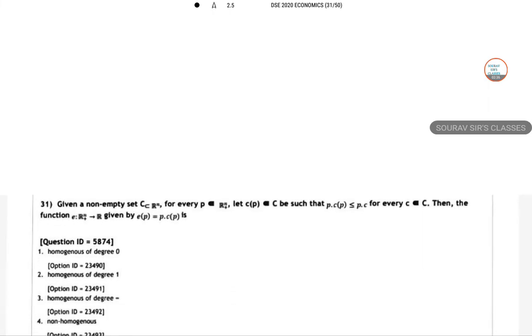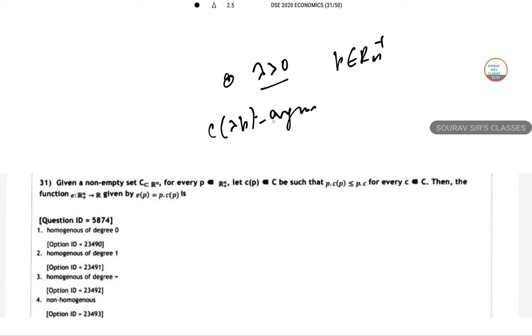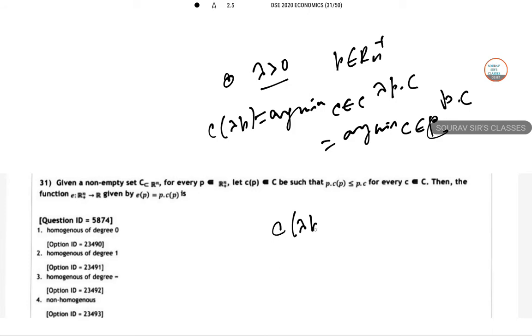Next, a non-empty subset, almost the same thing. This time they have asked about homogeneity. Okay, so if lambda is greater than 0, and P belongs to Rn plus, we can check that C of lambda P equals argmin of P dot C. So C of lambda P is giving you C of P only.